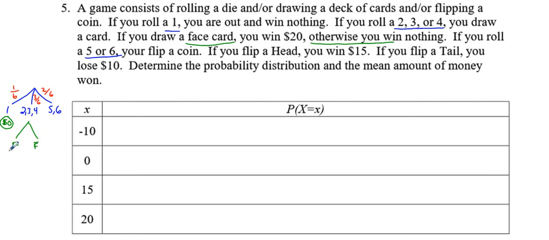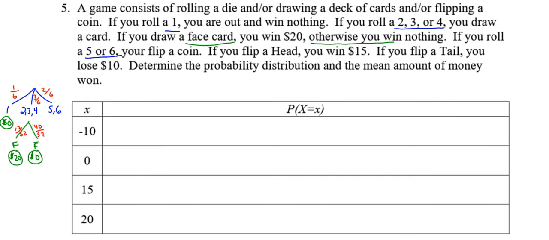If you draw a face card, that probability is 12 out of 52, and the probability of a non-face card is 40 out of 52. If you draw a face card, you win $20. So that's the end of that round. If you do not draw a face card, you win nothing. So that ends that, and you come out with $0.